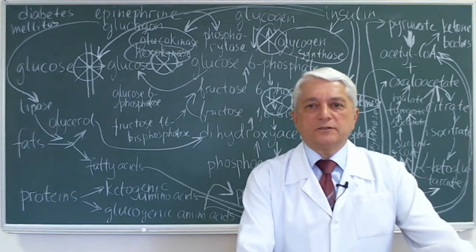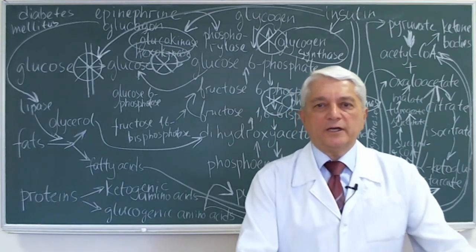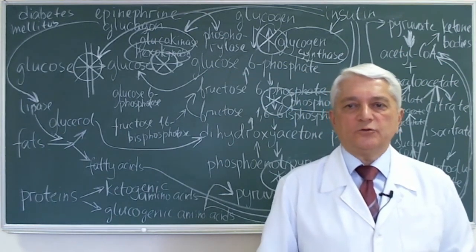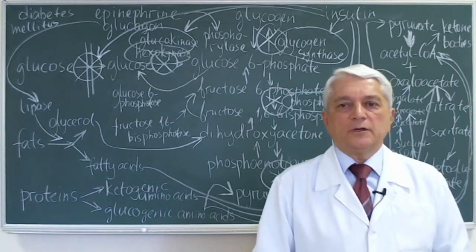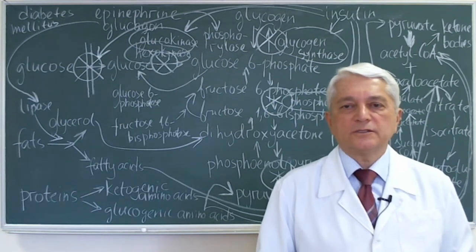So it is now understandable why Banting received the Nobel Prize within 1 year after his discovery. While he was alive, the whole institute where he was working was named in his honor.